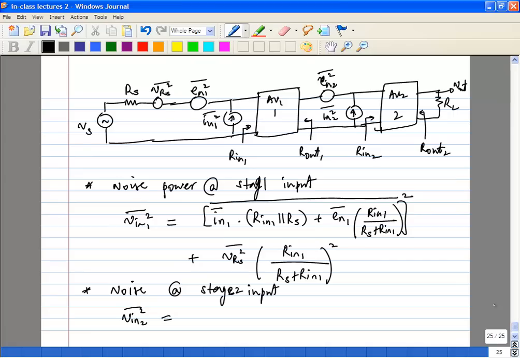You have all of these times Av1 and then times the loading at the input of the next stage. So you have Vn1 squared times Av1 squared times the loading factor, whole squared. This is the contribution from the first stage. Plus, looks like I'm going to have to spill over into the next page, because now you have to account for noise from En2 and In2, and it's going to be similar to this.